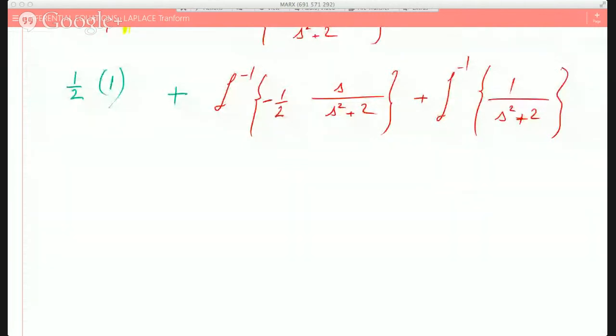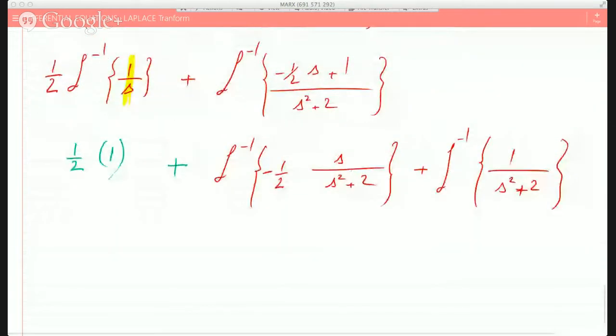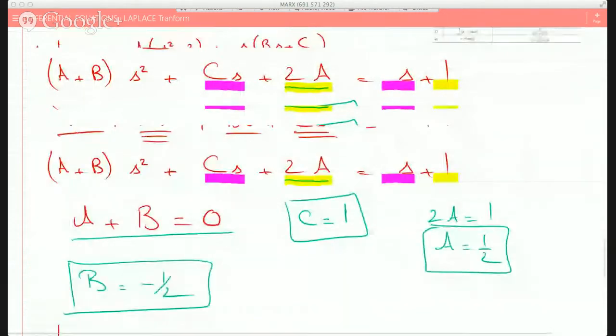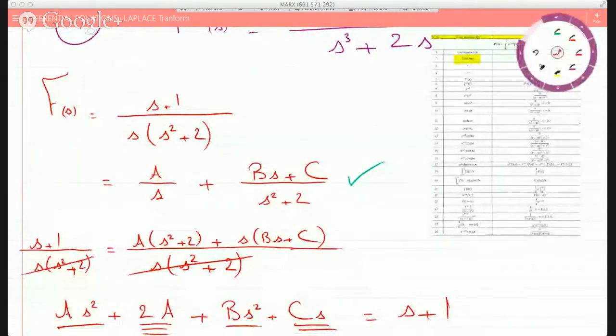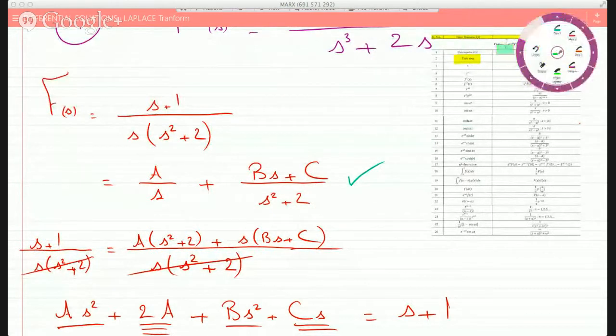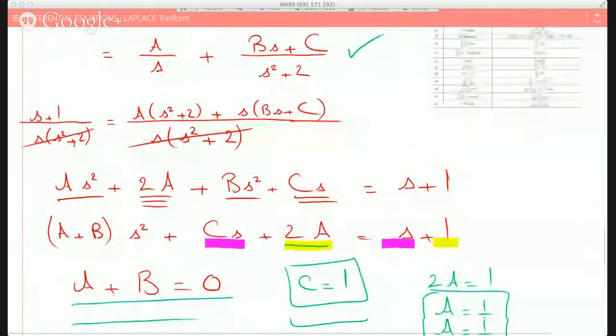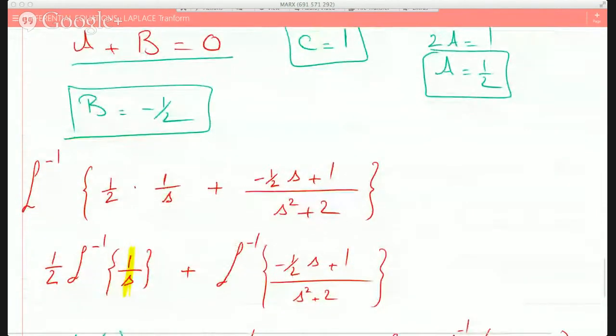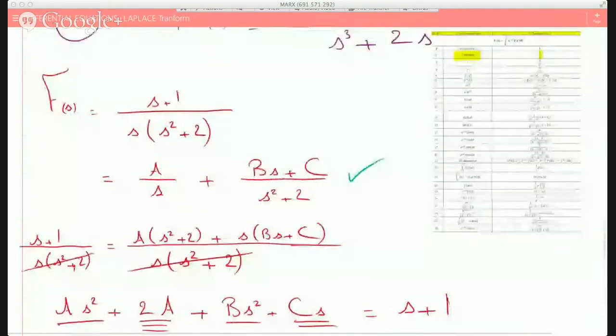And so we need s over s squared plus a. And if you look here, we have s over s squared plus 2, yeah?